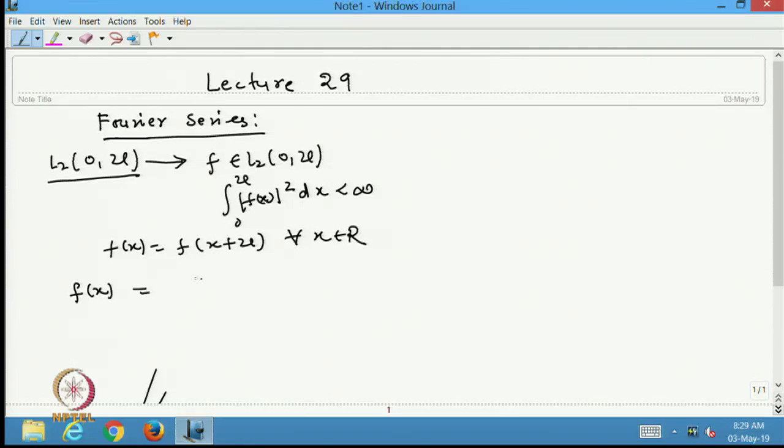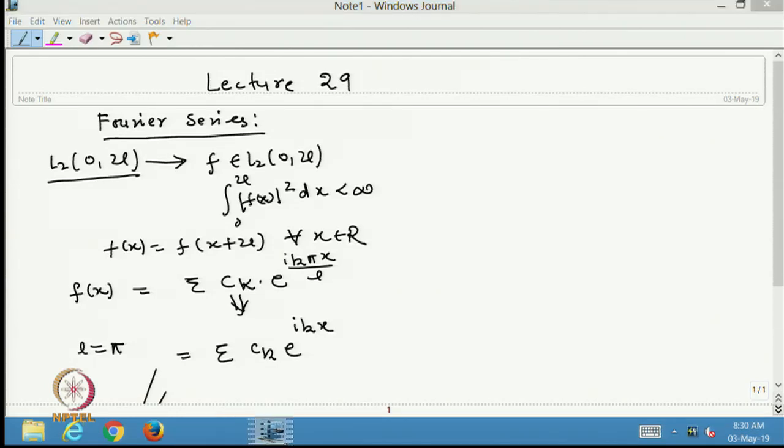in the last lecture I have written this as a Fourier series, where the c_k are called Fourier coefficients. Just for simplicity I am considering L equal to pi. In that case this expansion will become the sum of c_k e^{ikx}.